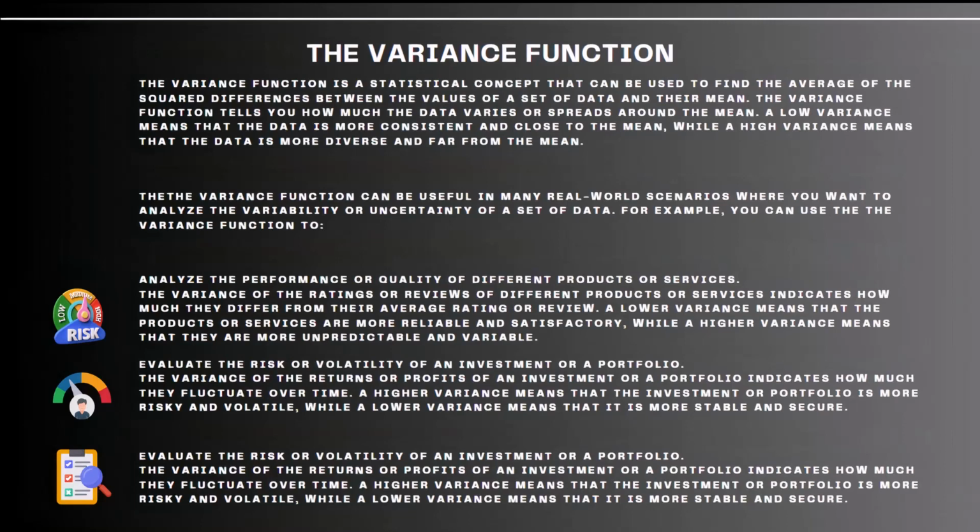A low variance means that data is more consistent and close to the mean, while a high variance means that data is more diverse and far from the mean.